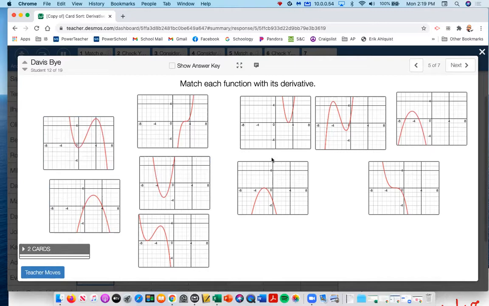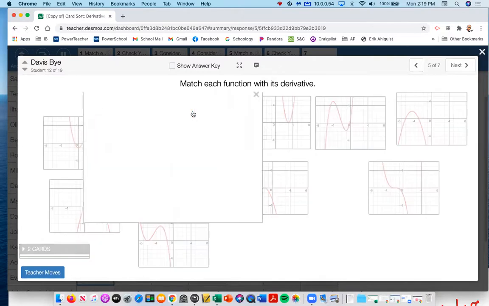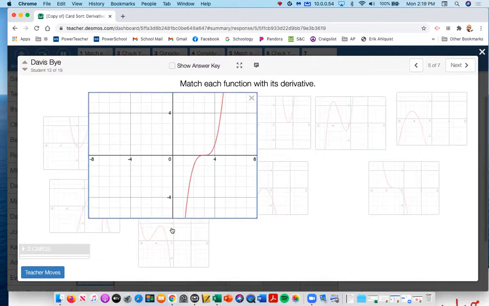Let me take something like this one. If I were drawing tangent lines to this, they would all be positive tangent lines, right? Does that make sense here? Yeah. And then we'd have a little place where the tangent line would be 0 at 3, but then it continues on and they're positive tangent lines again.